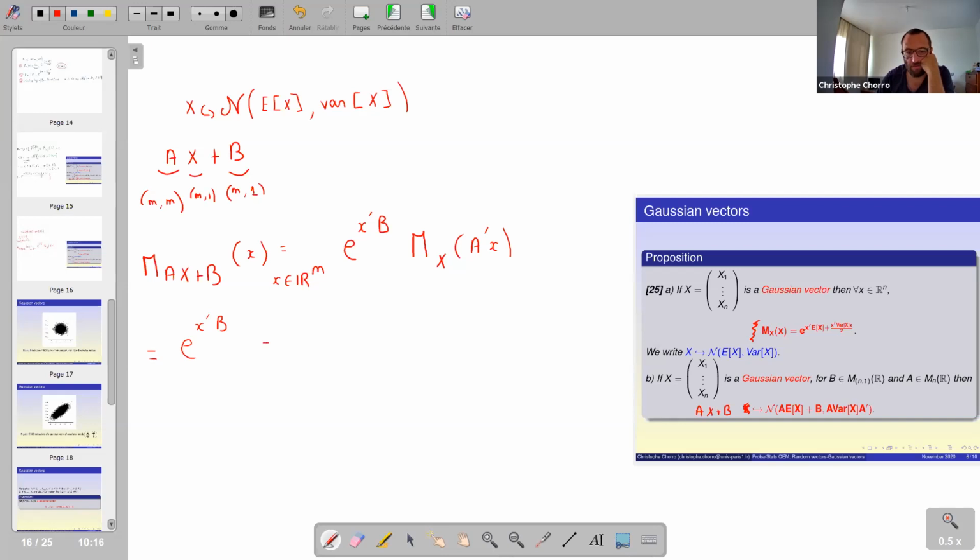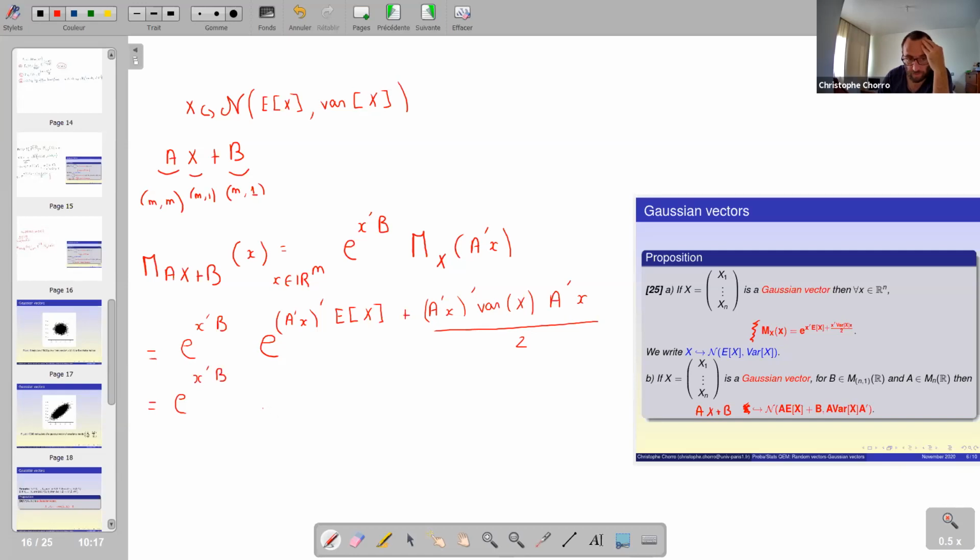So I have (A prime x) prime expectation of X, plus (A prime x) prime variance of X (A prime x), over 2.